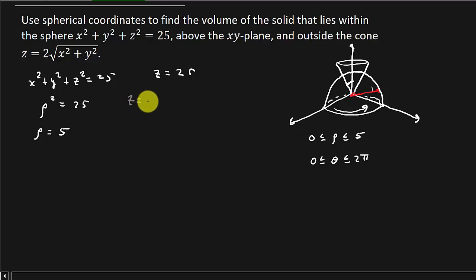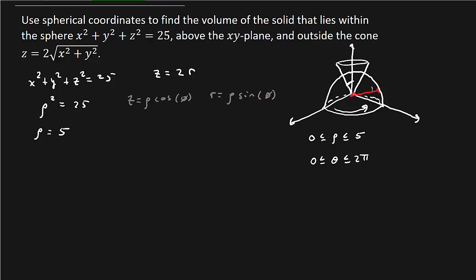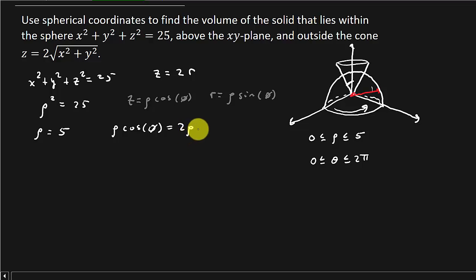We know z is equal to rho cosine phi, and r is equal to rho times sine phi. So if we plug this in for z and this in for r, we're going to get rho cosine phi is equal to 2 rho sine phi, and you can see the rhos cancel out. And then if I divide both sides by cosine and both sides by 2, I'm going to get tangent phi is equal to 1/2.